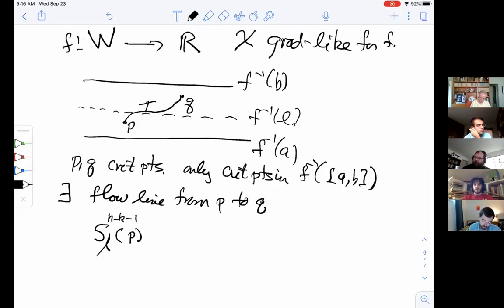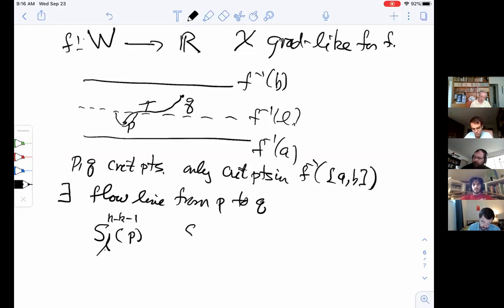And let me decorate it here with the level at which we're taking the sphere. So this is the intersection of the ascending manifold from p with this level. This is a regular level, no critical points on that level. So this intersection will be a sphere. Its dimension is n minus k minus 1. This is a critical point of index k. It comes from p, it's at level L, and that's its dimension.